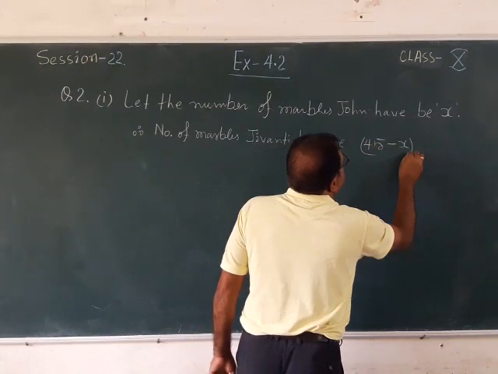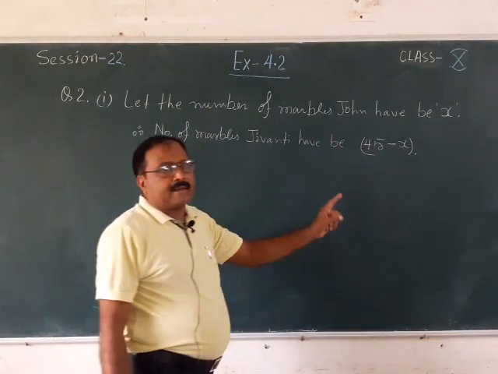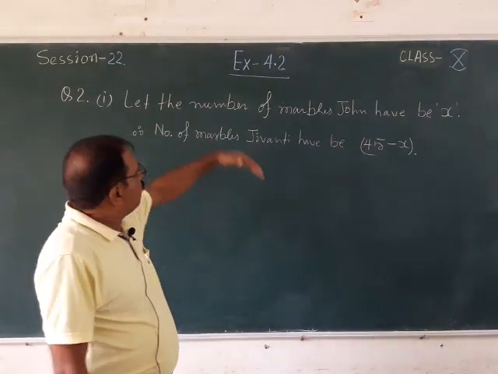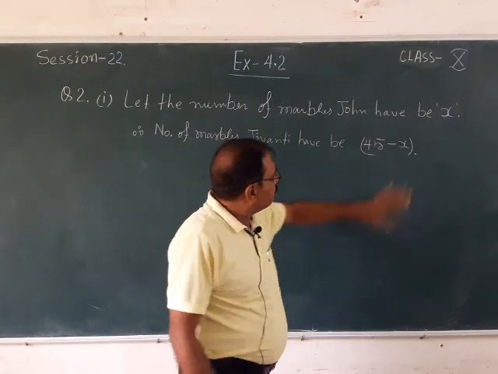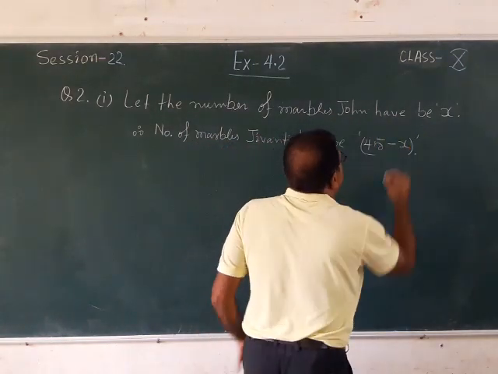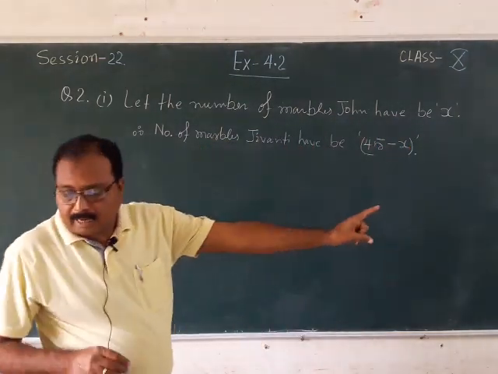Why 45 minus x? Because together they are having 45 marbles. So if John is having x marbles, then Jivanti should have 45 minus x marbles.